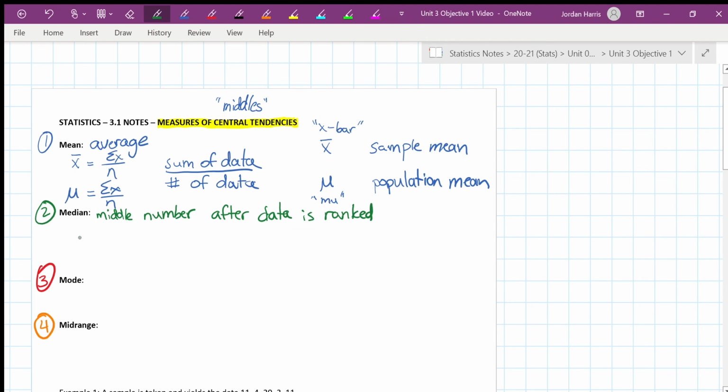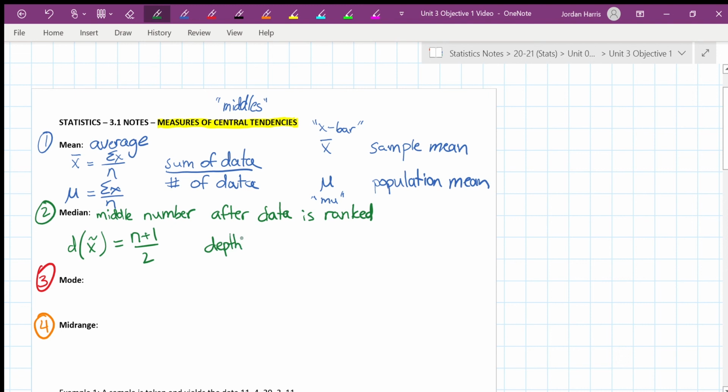So we do have a formula for this one. It's actually a depth formula. It's helpful for when we have large data sets. So that's why it's the depth of the median. The D represents depth, and then parentheses is the "of", and then x tilde, or x squiggly, that's the symbol for median. So the depth of the median is n plus 1 divided by 2. I'll write it out in words.